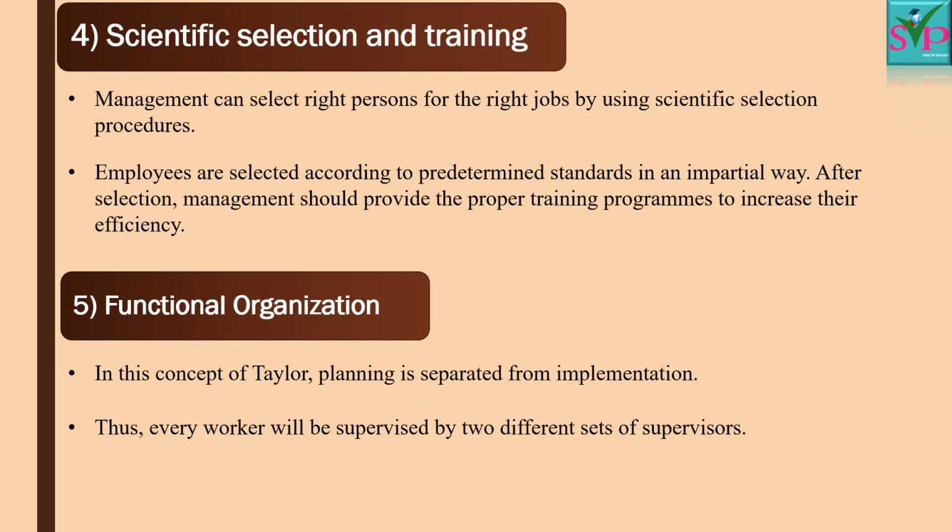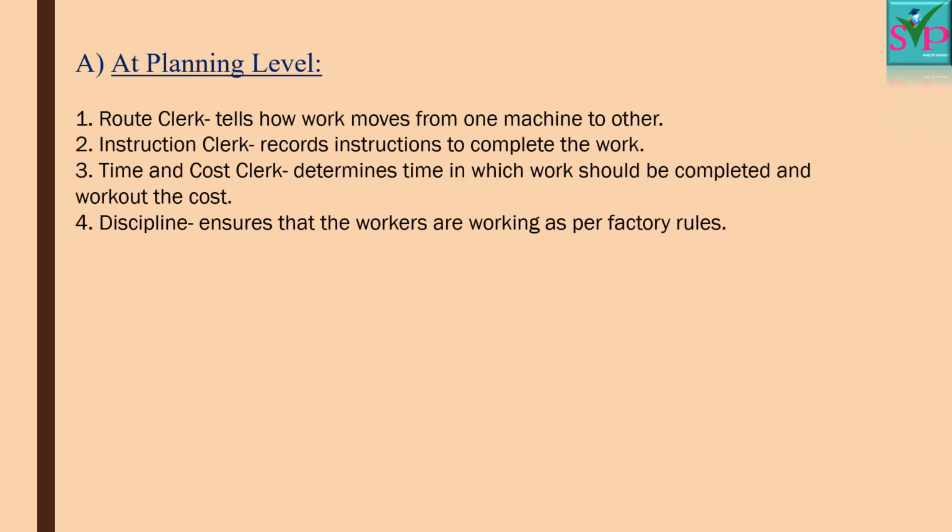To make the work more effective, he recommended 8 supervisors at various aspects of production. At planning level, 4 supervisors, and at implementation level, 4 supervisors. The 4 supervisors at planning level: first one, route clerk, who will tell how work moves from one machine to another.